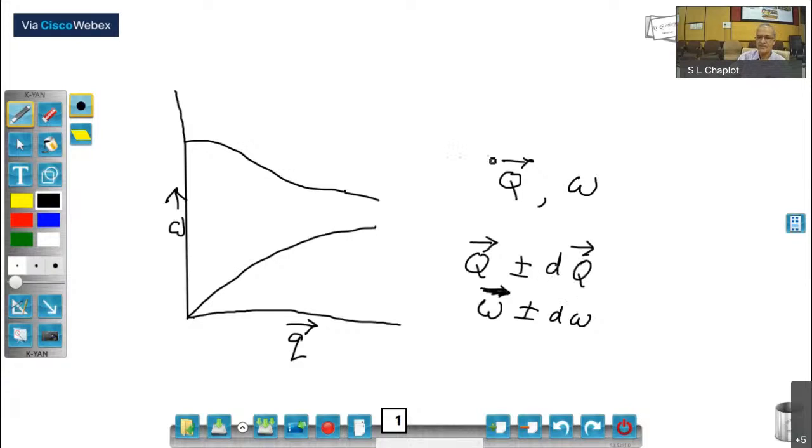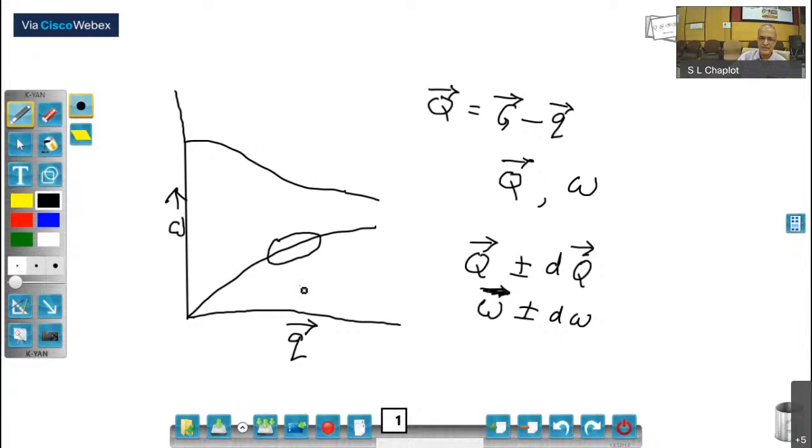It is called a resolution ellipsoid in the four variables. Just think of it that you have a resolution ellipsoid which looks like this. We are in q omega space, and the small q and capital Q are related. We said capital Q is nothing but a reciprocal lattice vector minus the vector q.